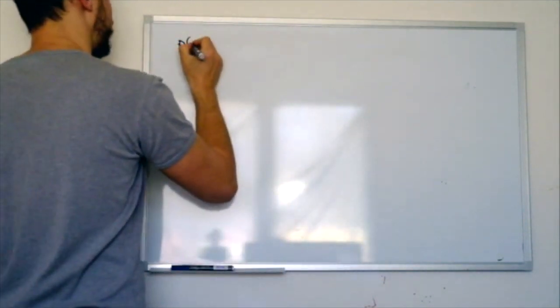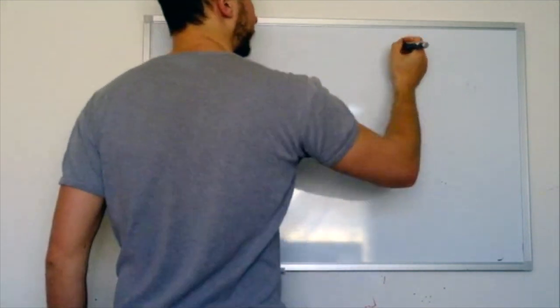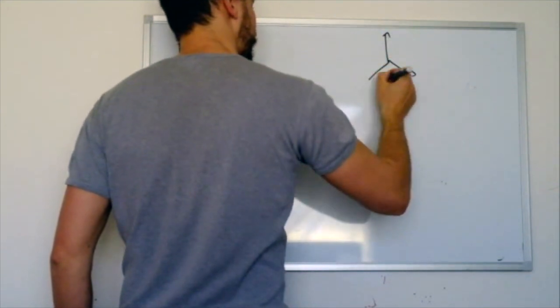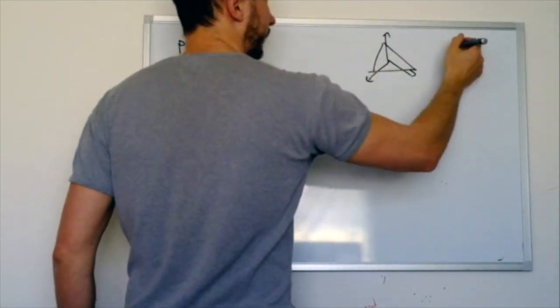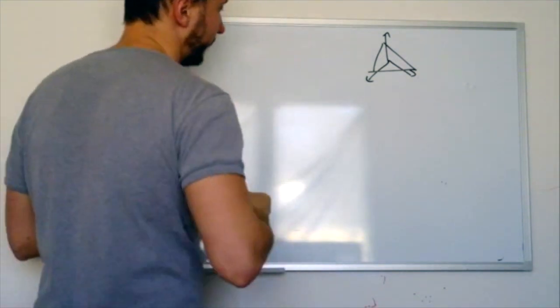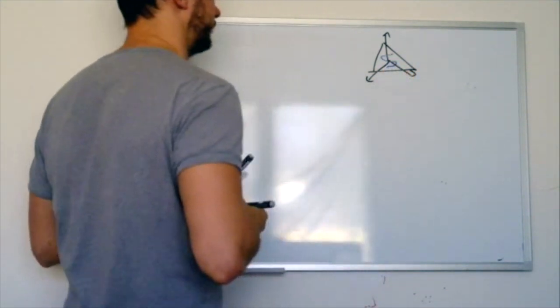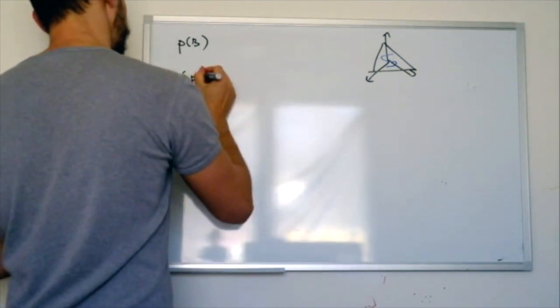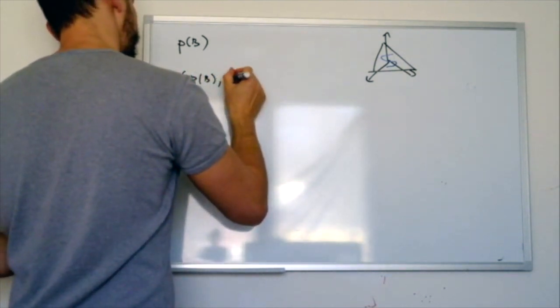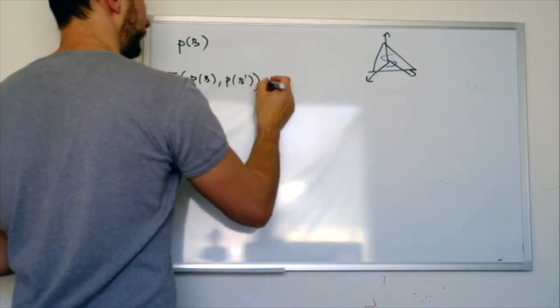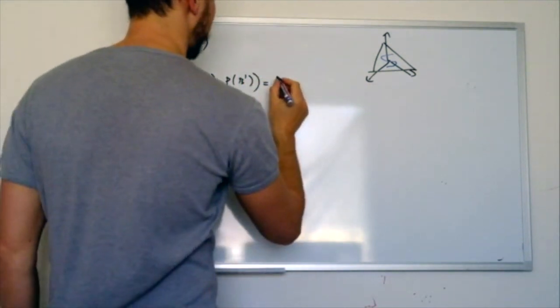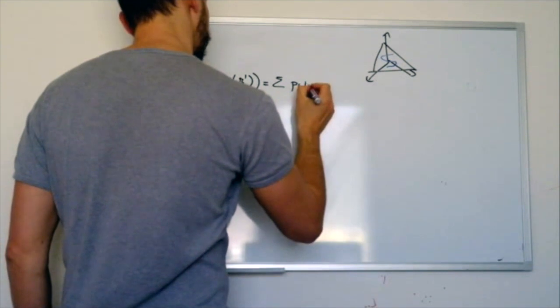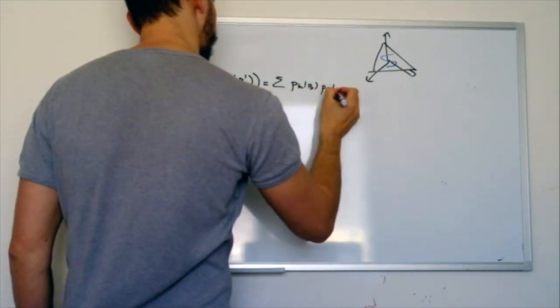I have a curve p of b in probability space, and the fidelity of p of b and p of b prime is equal, if you remember, to the sum of the square root of p_k of b times p_k of b prime.